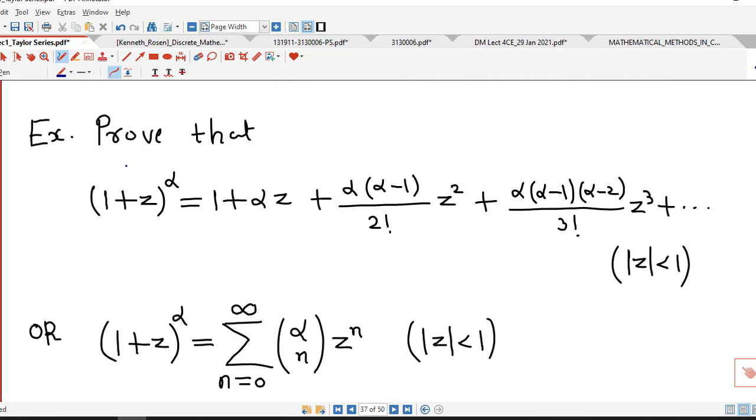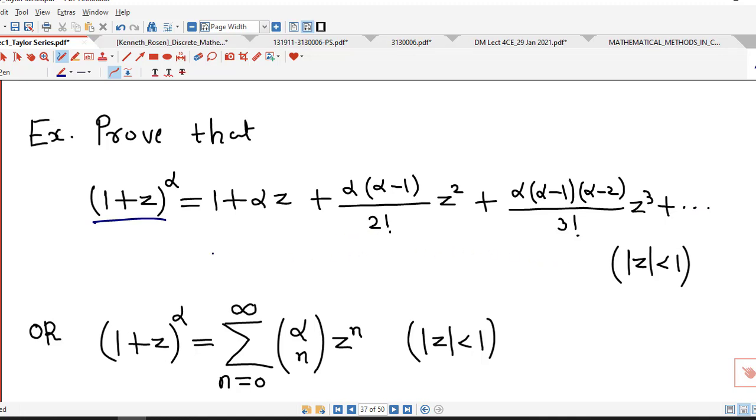Here we are asked to prove that (1 + z)^α is given by 1 + αz + α(α − 1)/2! z² + α(α − 1)(α − 2)/3! z³ and so on.